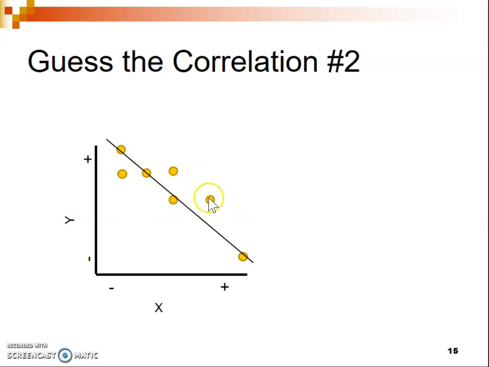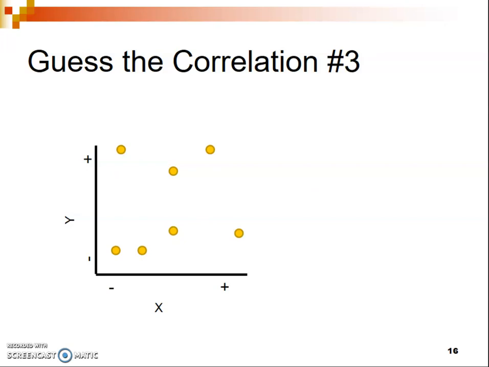So it's certainly not a perfect correlation because not all the data points are falling on that straight line, but it's fairly close to 1. The actual number for this correlation is -0.89. So it's a very strong negative correlation, but not perfect.